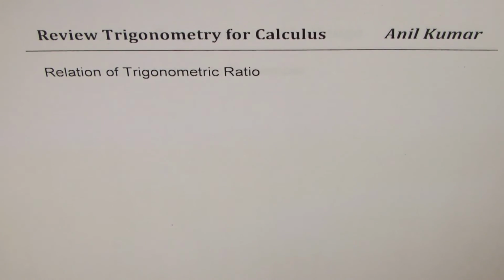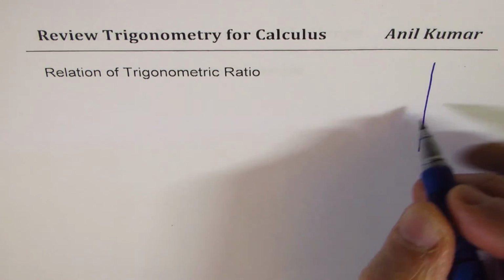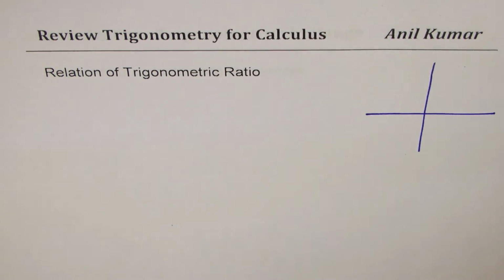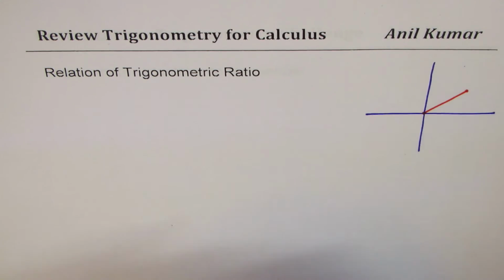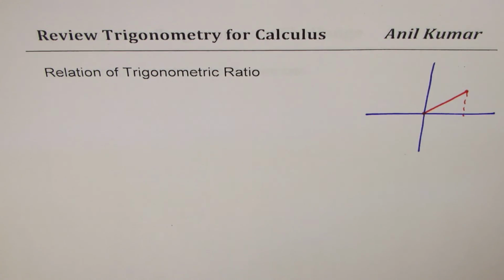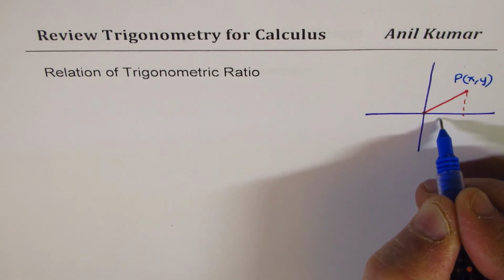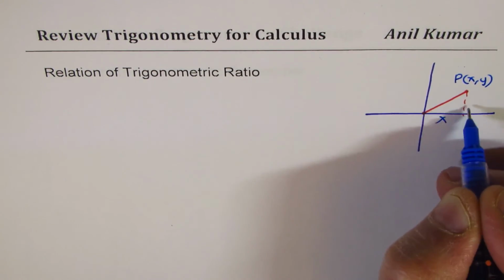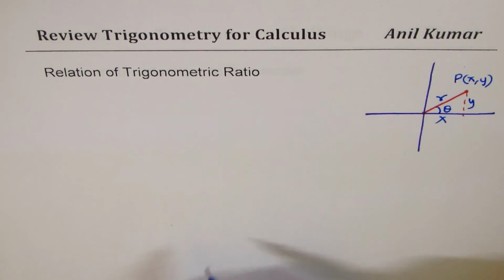We have recalled that in any quadrant, if there is a point P represented as x, y, given by the coordinates x and y, where x is horizontal distance, y is vertical distance, theta is the angle, and r is this side.